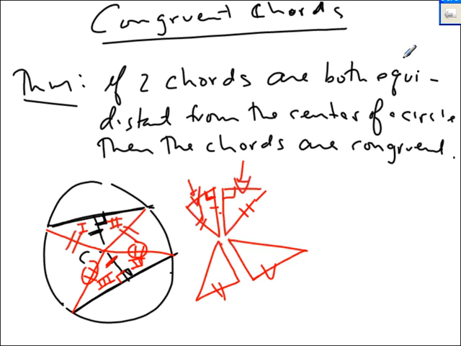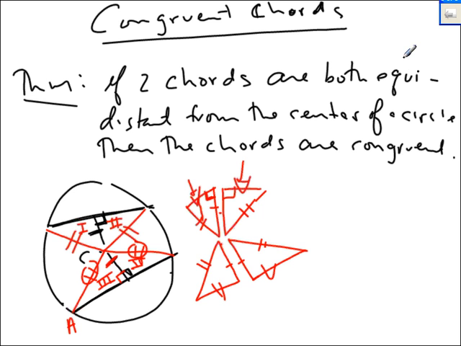Corresponding parts of congruent triangles. 2 slashes, 1, 1. The third side, they're the same. Okay? So now we know that the third sides are the same.